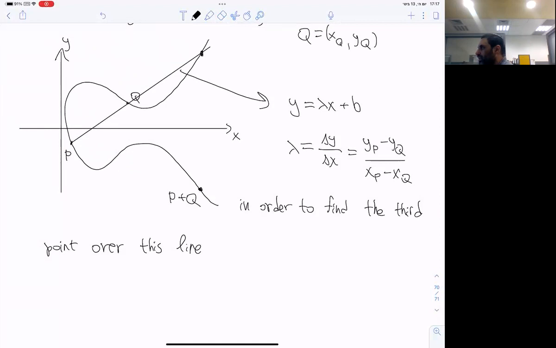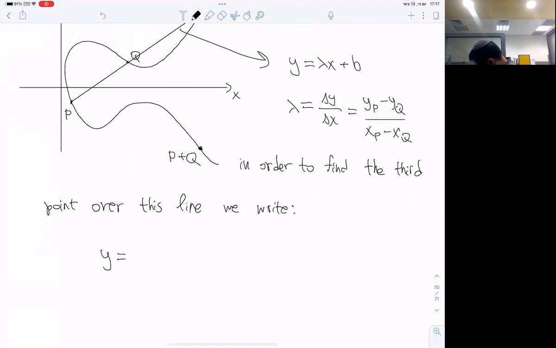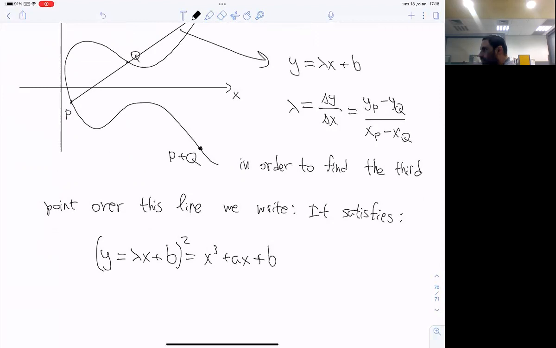Because this line, if we take its square, it satisfies the elliptic curve. No, it's not the same b. So let's just call it lambda here.